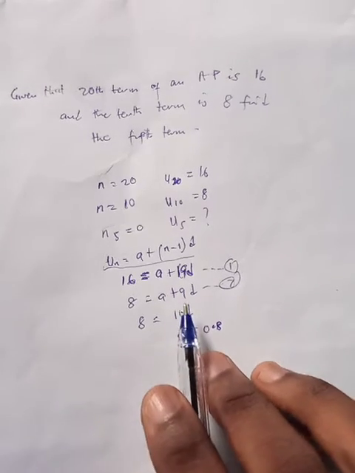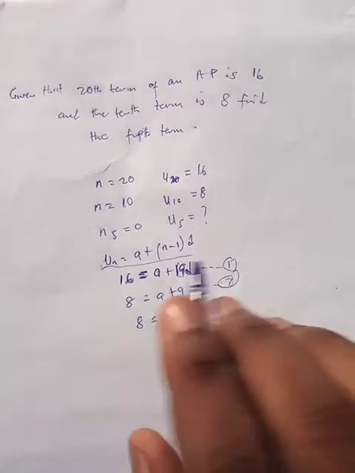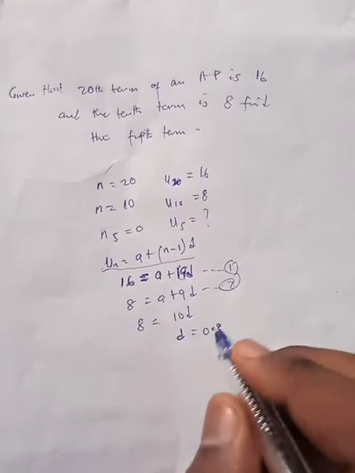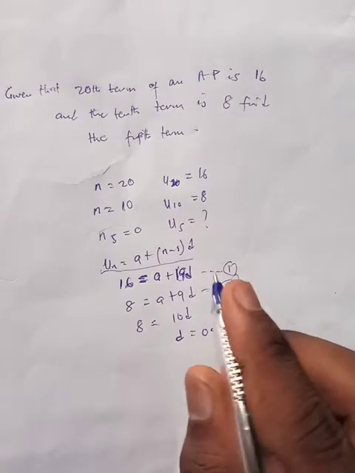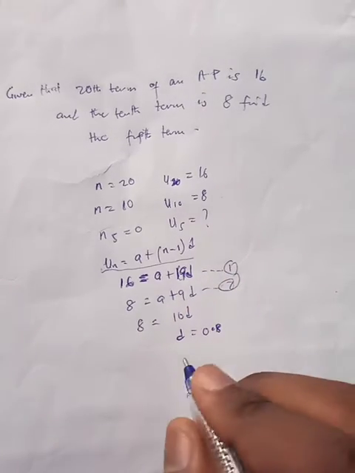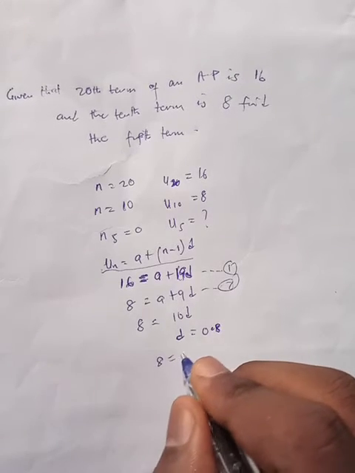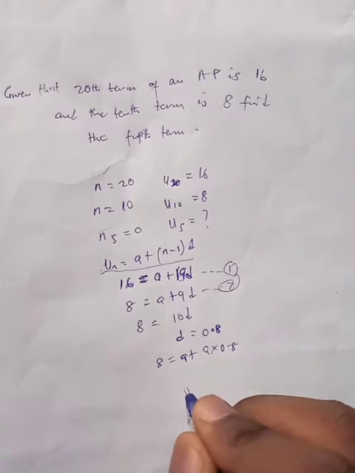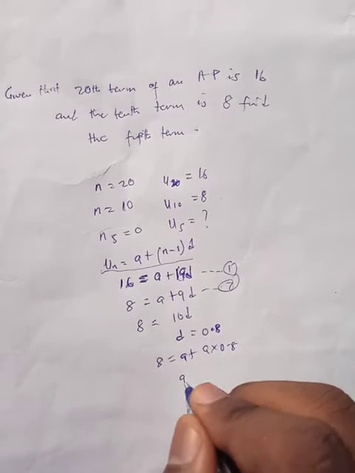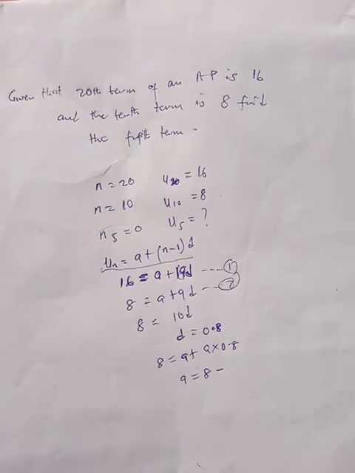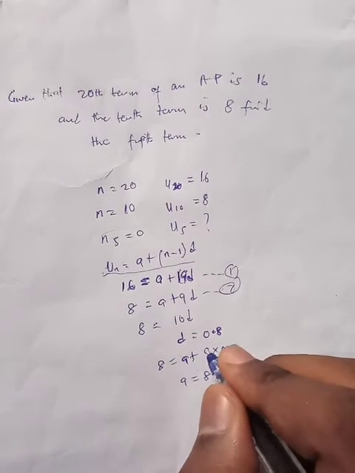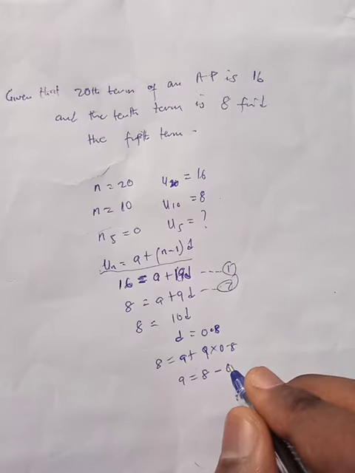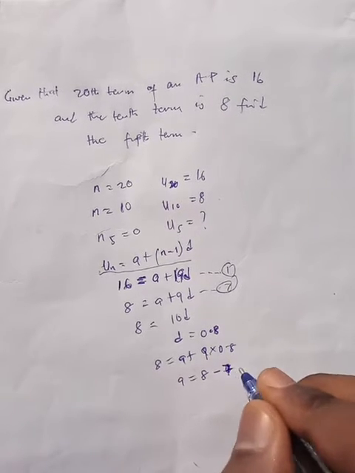Now I will come to here in order to get a. I'll put d, which is 0.8, into equation 2. So I will have 8 is equal to a plus 9 times 0.8. Then I'll have a is equal to 8 minus 9 times 0.8.